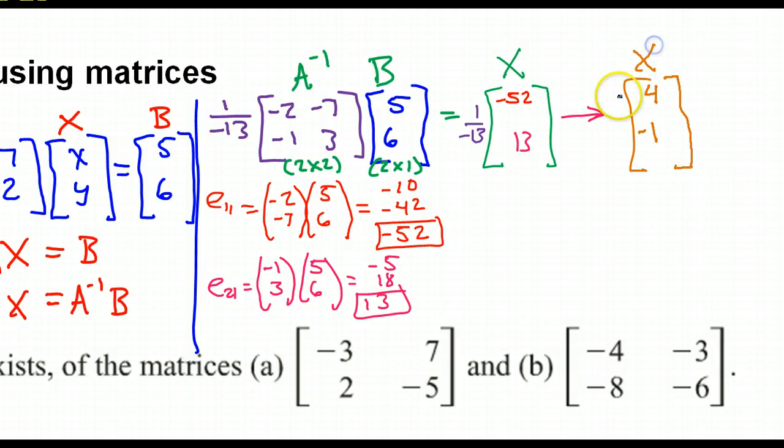So this is matrix X, which means X is 4 and Y is negative 1.